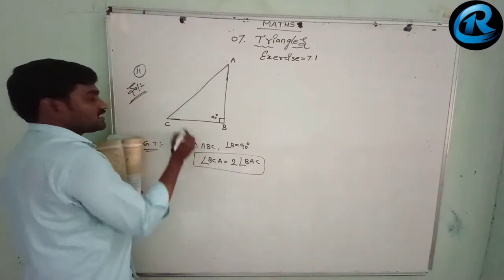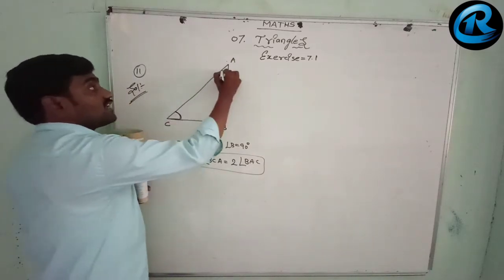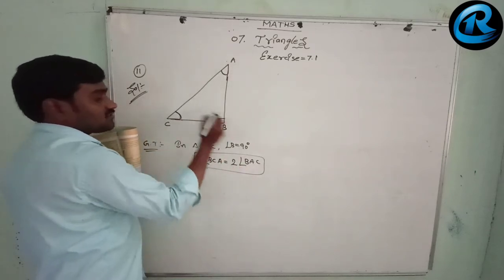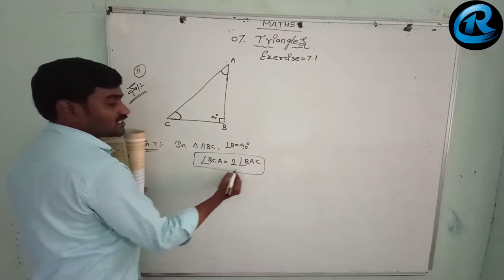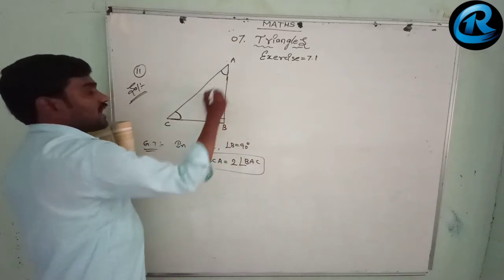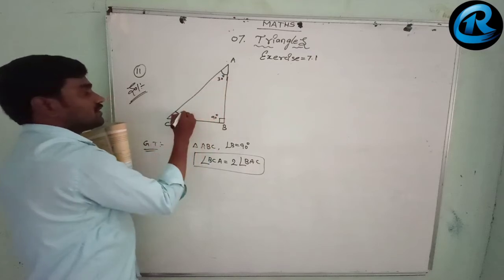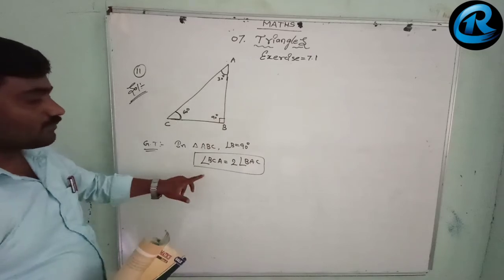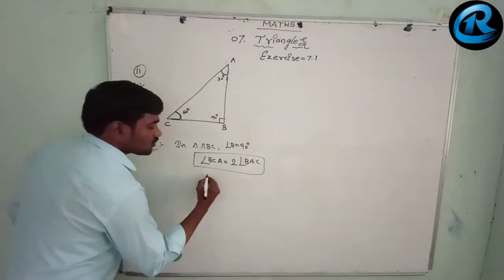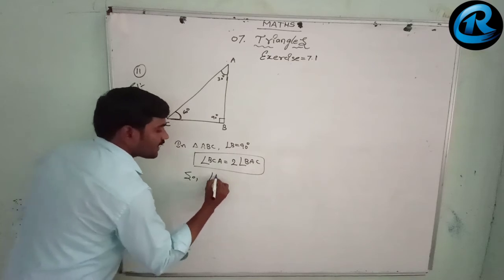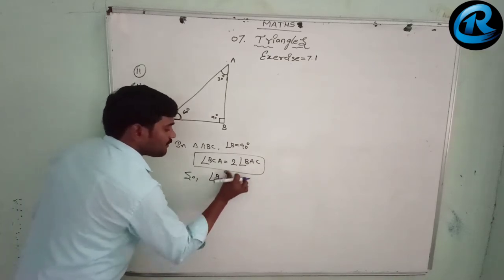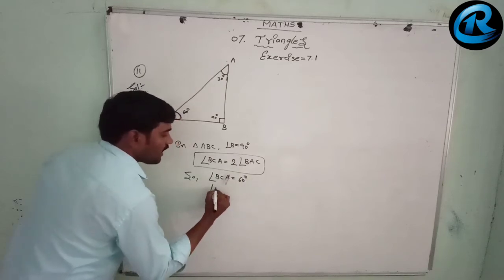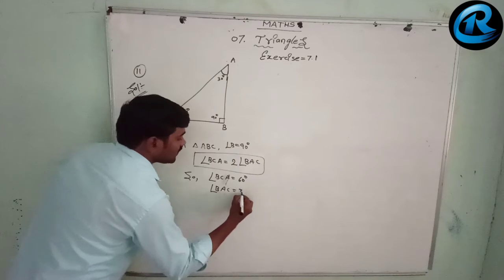This angle C is twice of the angle A. Suppose angle A is 30 degrees, it should be 60 degrees. See, so it will be satisfied now. So we can write now here angle BCA equal to 60 degrees and angle BAC equal to 30 degrees.